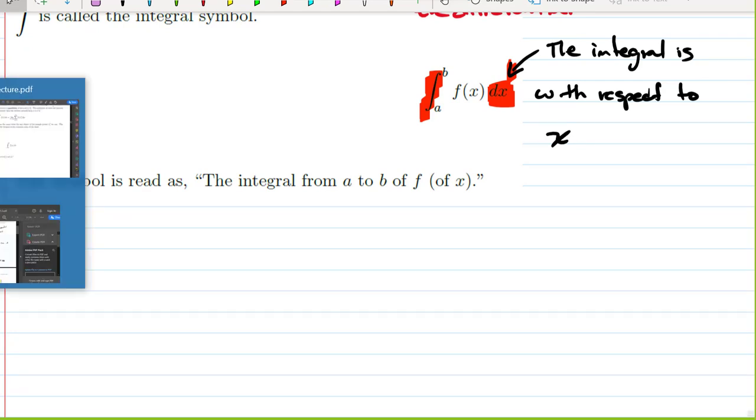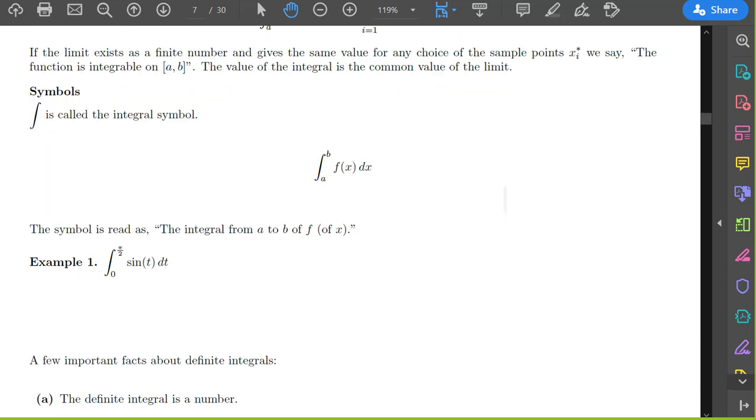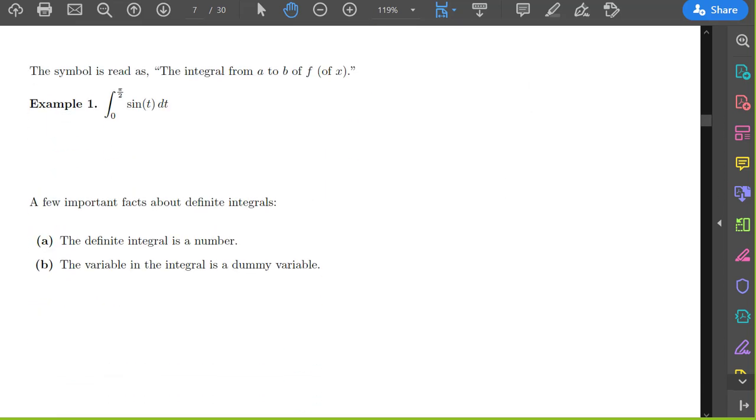Okay, so our first example is really just identifying some vocabulary.